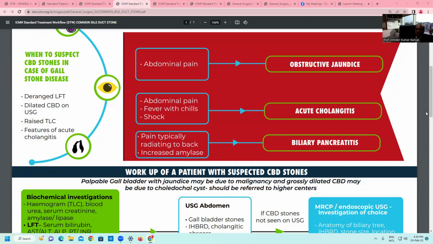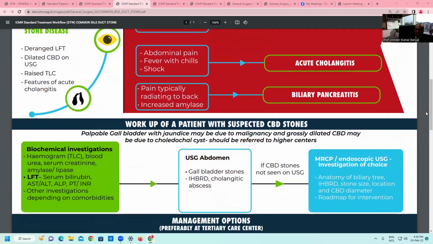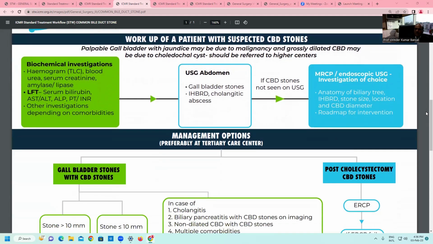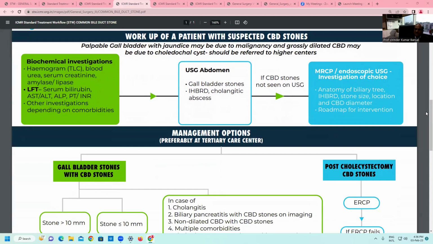Then coming on to the workup of a patient with suspected CBD stones, ultrasound is the primary investigation, the first choice. And as a surgeon, I would say that if the patient presents with jaundice or cholangitis, I would prefer to get an MRCP before even endoscopic ultrasound or an ERCP, because MRCP is a diagnostic and non-invasive investigation, whereas ERCP is an invasive investigation, which has a complication rate of its own.